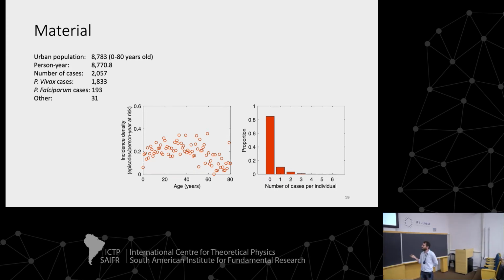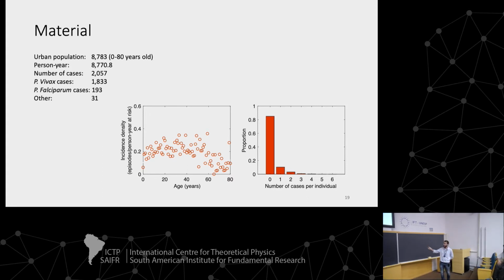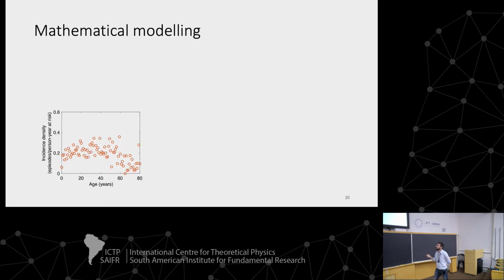The incidence density stratified by age and the number of cases per individual. So it means that we have data from everybody, and then we can count the number of cases per person. This is kind of a unique data set. So let's start trying to fit this data set.